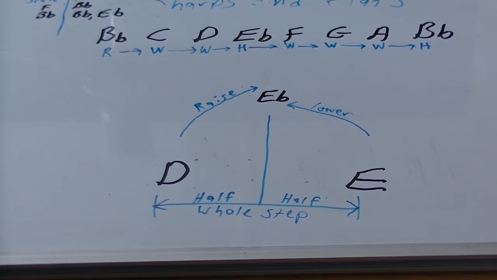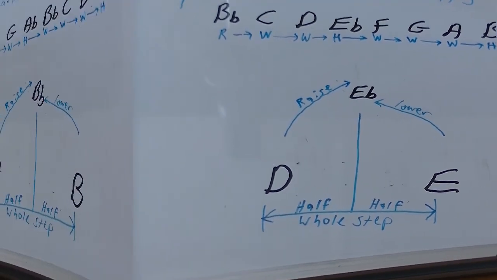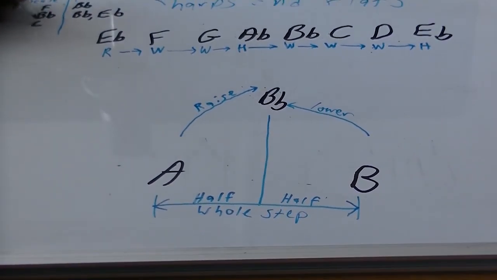So now what we've seen is we have a major scale that has one flat note in it, and the scale is F major. And we have a major scale with two flat notes in it, and that scale is B flat major. So now it follows that we're going to have a major scale with three flats in it. Our E flat major scale contains B flat, E flat, and A flat.